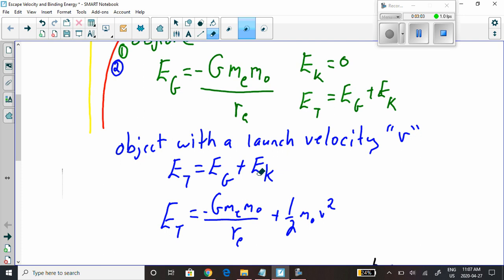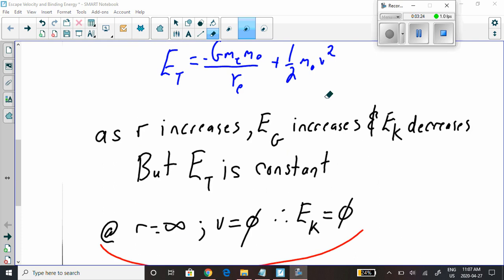And then there's its kinetic energy. We could substitute in the equation, there it is for universal gravitational potential energy. Don't forget the negative sign. And we would add to it its kinetic energy, the standard equation for kinetic energy. So take a look at that for a second. What happens is, let's say it's something that shot straight up into the air. As it shot up into the air, its distance r from the center of the Earth increases.